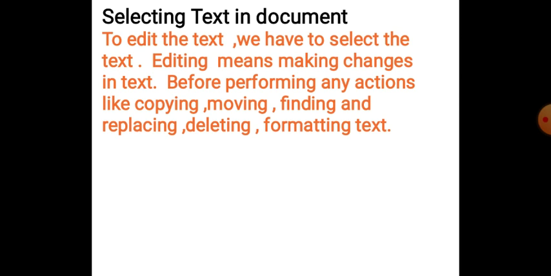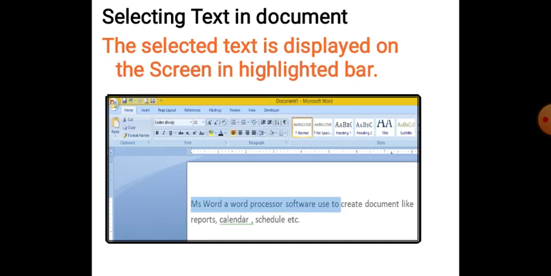Even if you want to find or replace any text, we have to select the text. If we want to delete any word, or format our text to make it attractive, for all these purposes we need to select the text. So now we will learn how we can select the text in a document.